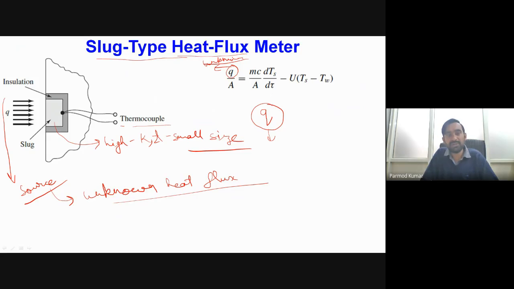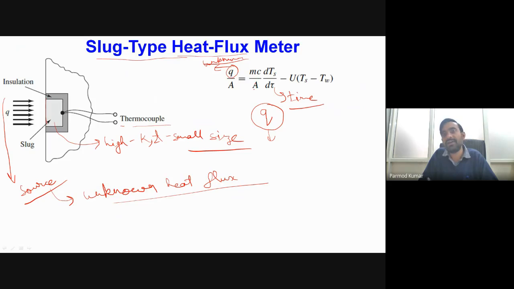If A is the area of the slug surface, then Q by A will be equal to M into C dTs by d tau, where tau is time and dTs is the change in temperature of the slug in time delta tau.